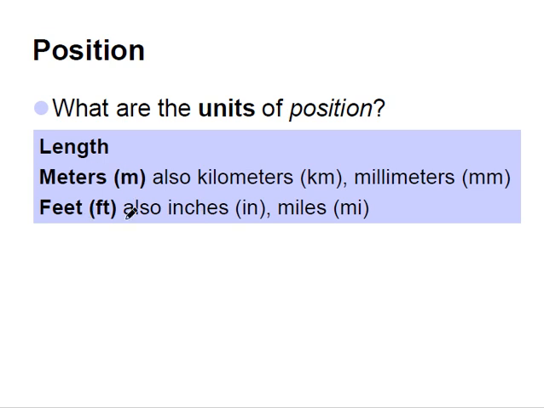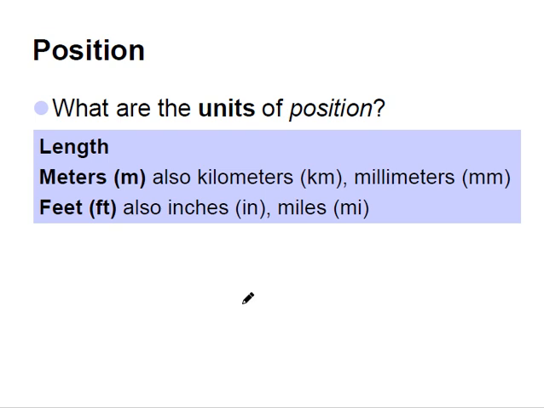Then your US system, which is your feet, inches, and miles. These are all your US customary system, and I just call it the US system. Of course, the US customary system is a new name for the British or English system. It's the same system, just renamed to United States.